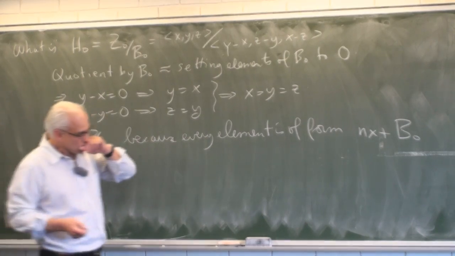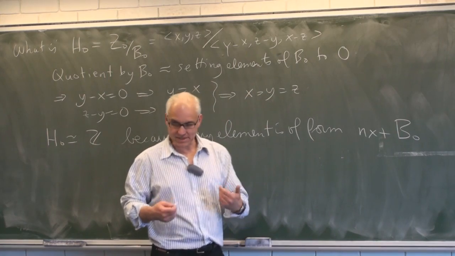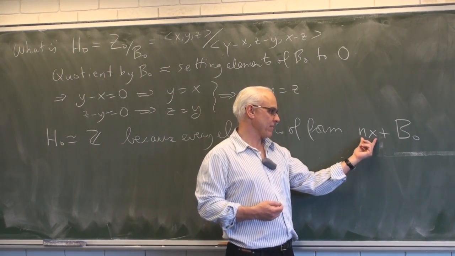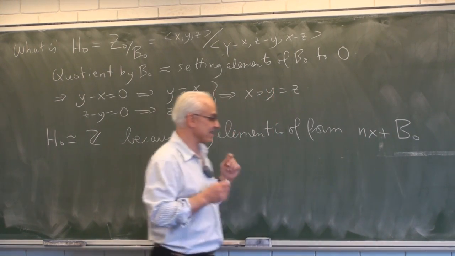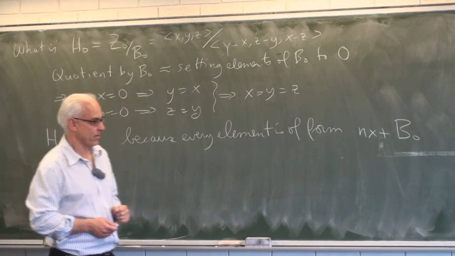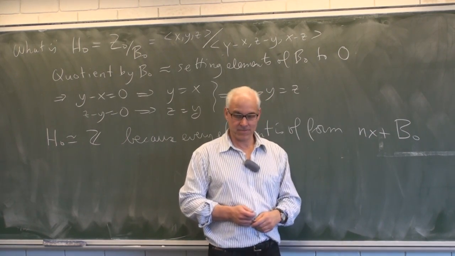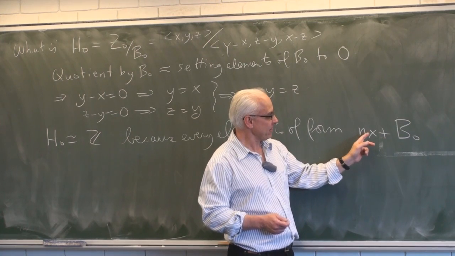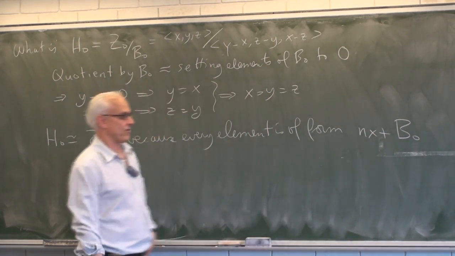In other words, if you look at the cosets of B0, they're what you get when you take B0 and you add some element. But whether we add x or we add y to B0 is the same, because mod B0, y and x are the same. Similarly, whether we add x or whether we add z, it's the same. So really, the only possibilities are adding n, or some multiple of x to B0, and that fills out all of the cosets.